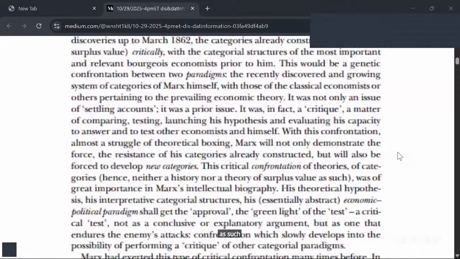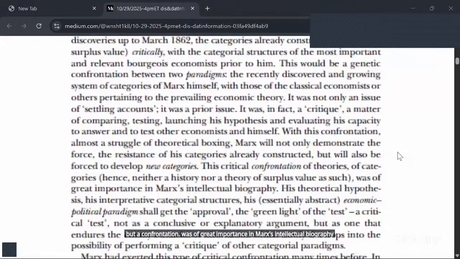So, in other words, there are three things: histories, theories of surplus value, and the confrontation, which I think you want to think of dialectically as triadic in that sense. Anyway, neither history nor a theory, but a confrontation, was of great importance in Marx's intellectual biography.